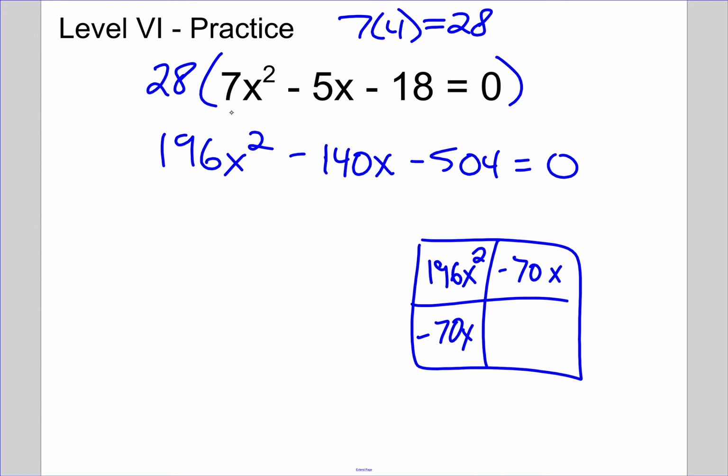But the square root of 196, that's what we want to take a look at. So we've got 14x and 14x. It does help when I switch colors here. 14x and 14x. Okay, so we've got that.